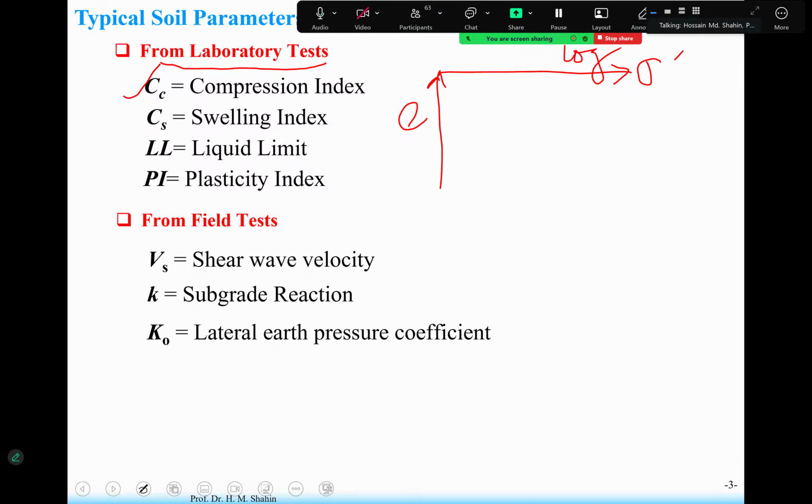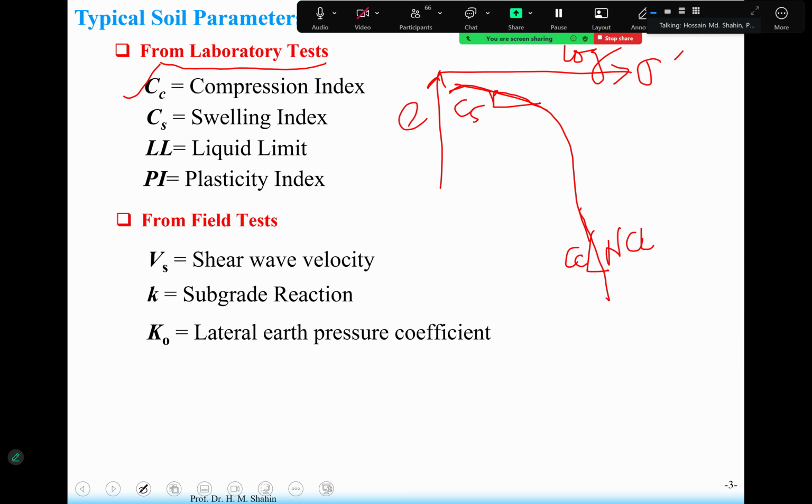The curve is like this. This is the NCL line. If you remember, this is Cc, and this we consider straight, this is Cs. So from the consolidation test we get these parameters.